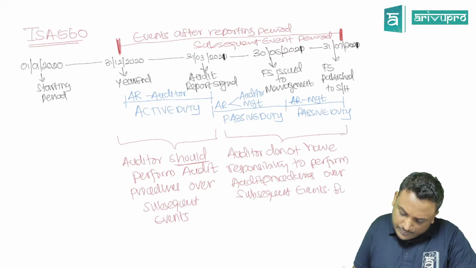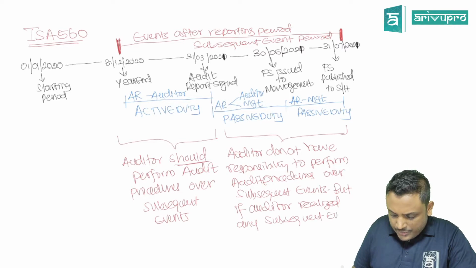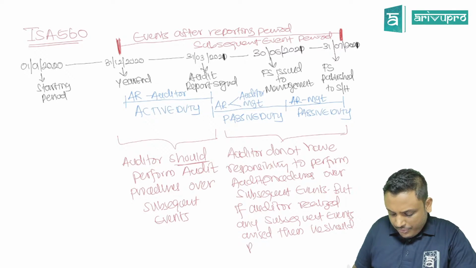But if auditor realizes any subsequent events arise, then he should perform procedures. You got my point?